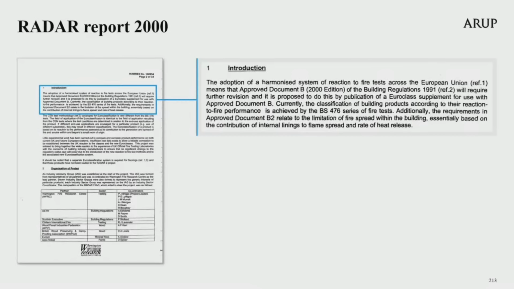In 2000, Exova Warrington Fire Research issued a report titled Radar 2, Project Correlation of UK Reaction to Fire Classes for Building Products with Euro Classes and Guidance on Revision of Approved Document B. A total of 64 products were tested to the national and European reaction to fire tests across 7 so-called sectors of wood, mineral wool, paints, cellular plastics, wall coverings, boards and sheets, and plastics.